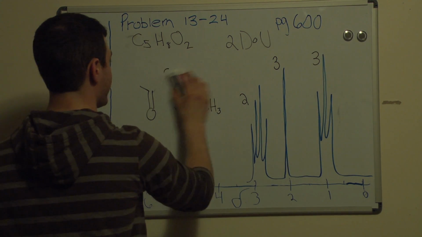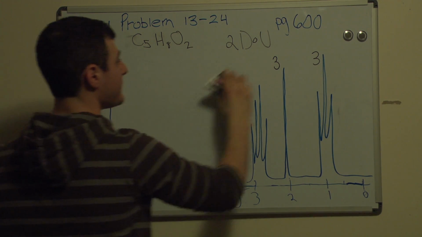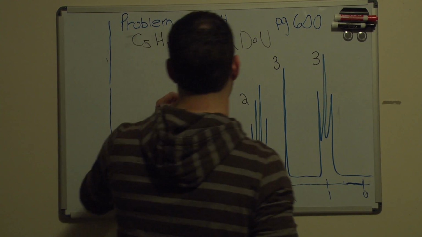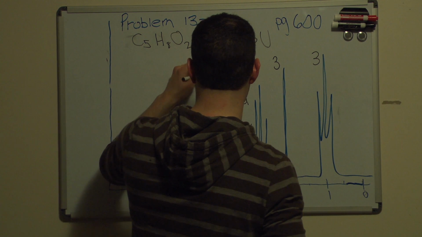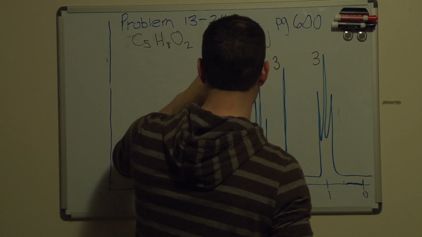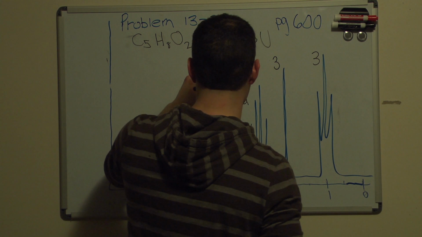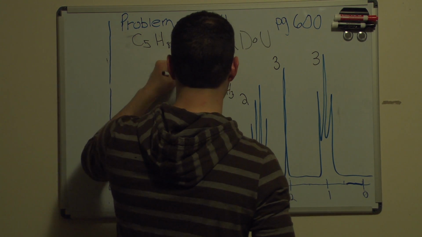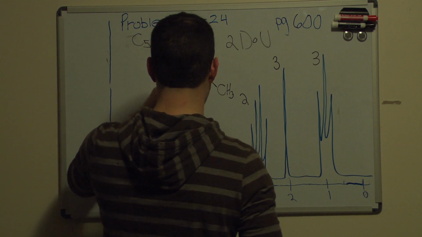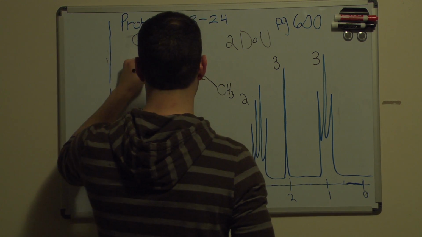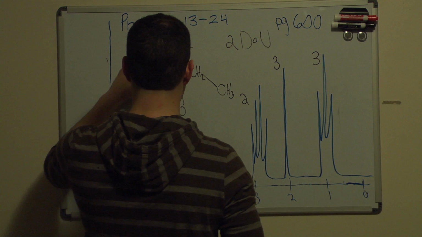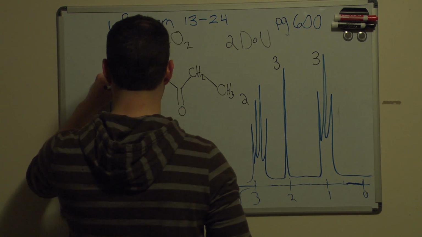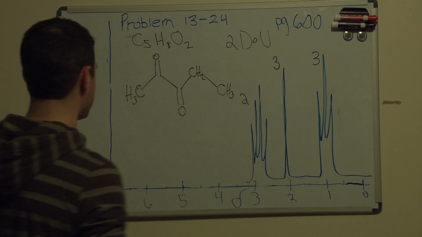So let me draw this out and see if it makes sense with what we think so far. We start with this ethyl group, right? So the CH3, the CH2, like we said, it's next to a carbonyl. With what we're saying, carbonyls are next to each other, and then we have the CH3.